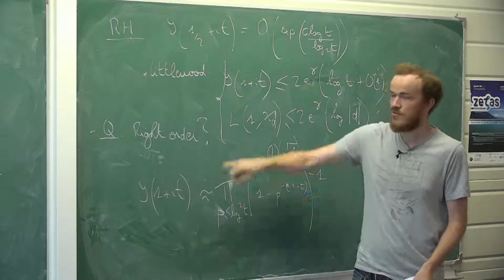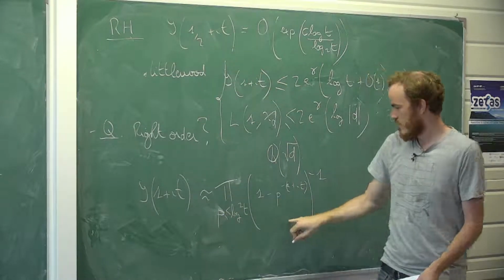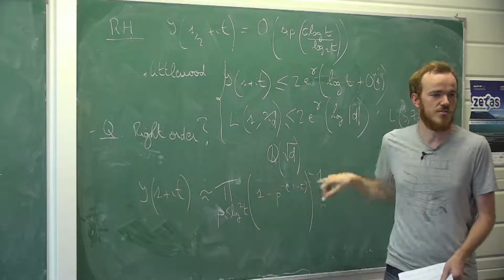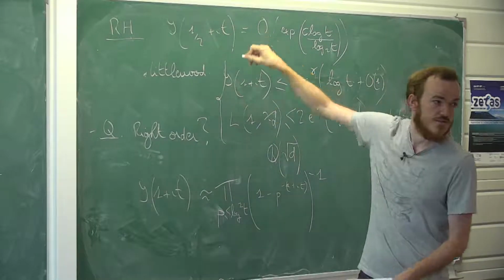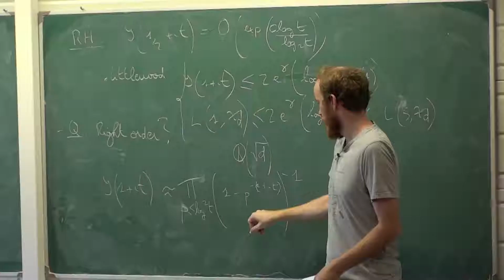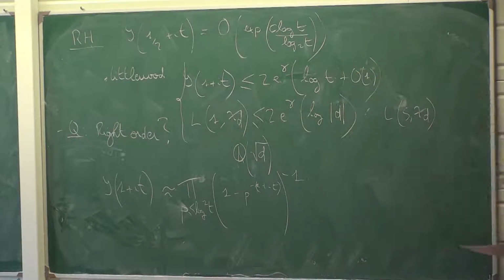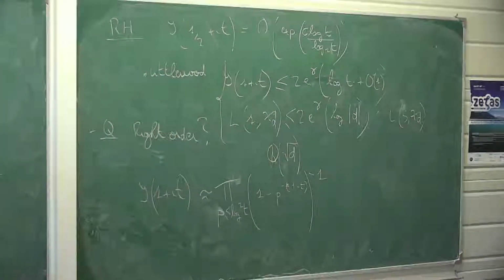This is conditional on the Riemann hypothesis, but if we assume that, we have a very good approximation by taking this short Euler product. And from this, you can, for instance, deduce this bound just by applying the prime number theorem.